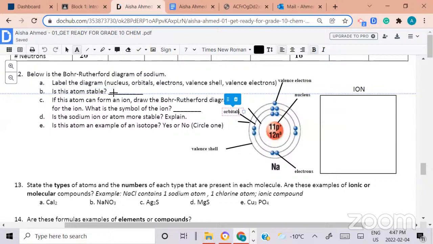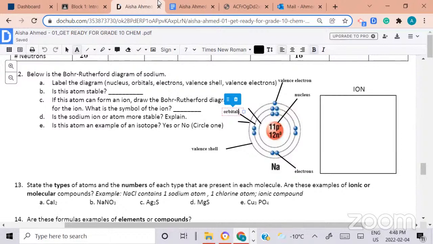Next, is this atom stable? So tell me, what do you think determines an atom's stability? If the whole circle shell is full, then that means it's stable.